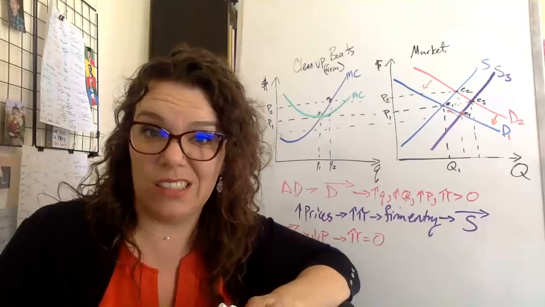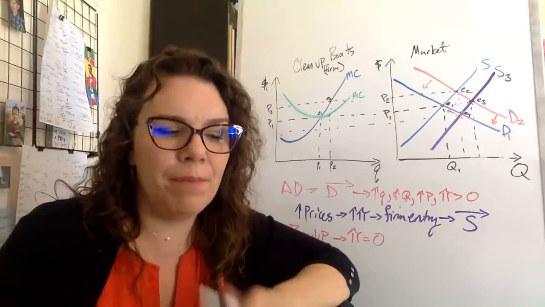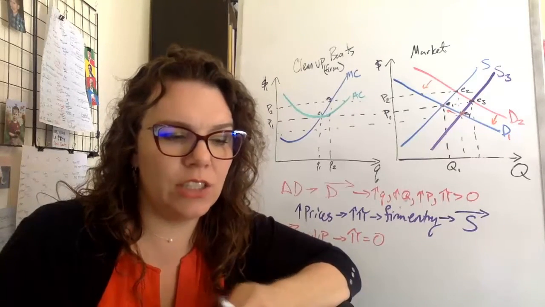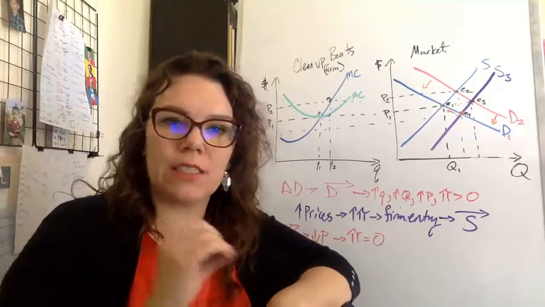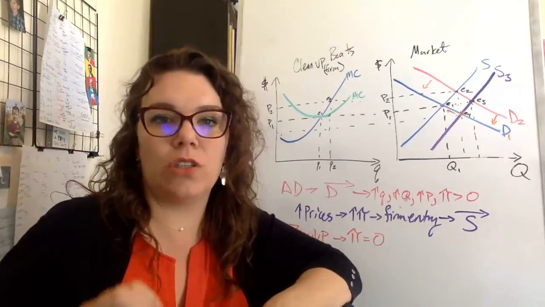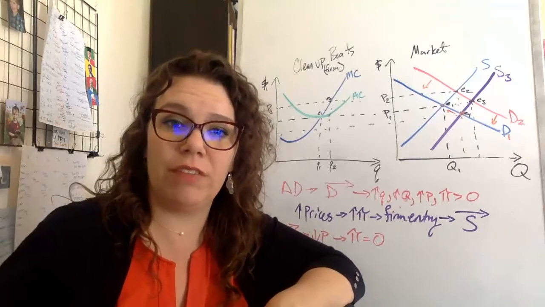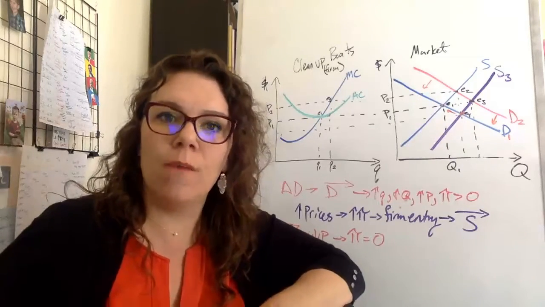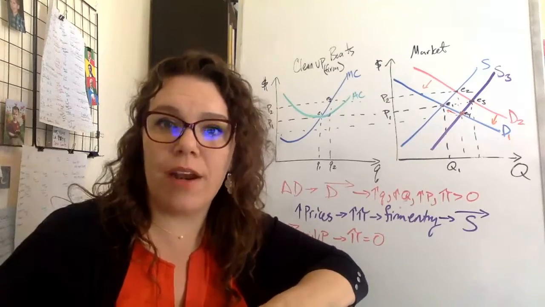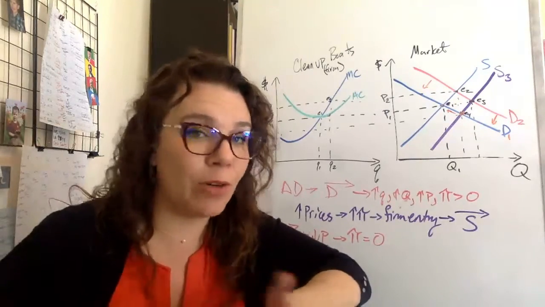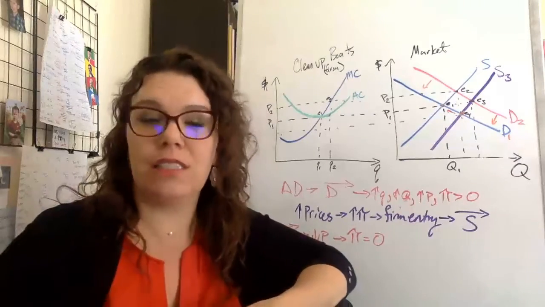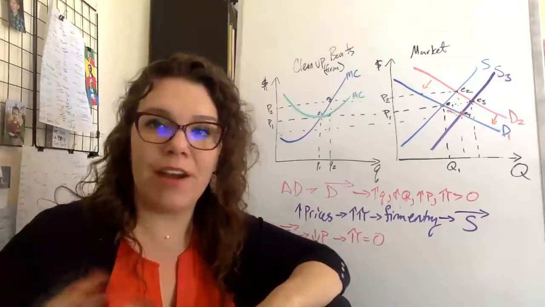Make sense? Hopefully. The big thing here is to understand how profits can alter the market until we achieve that long-run equilibrium. One of the conditions of a competitive market is entry and exit. If we have free entry and exit, that's part of how we see markets stay perfectly competitive, or how we define a competitive market.